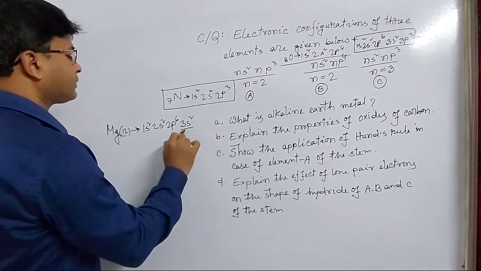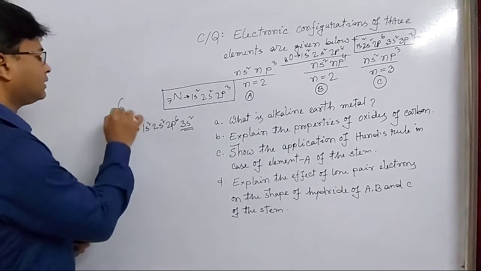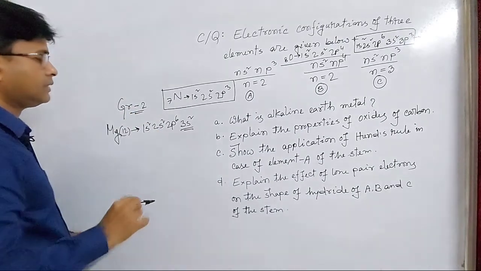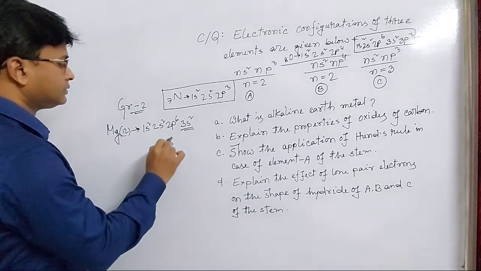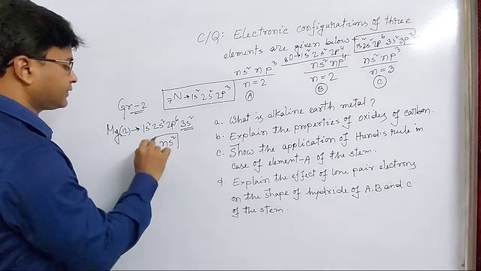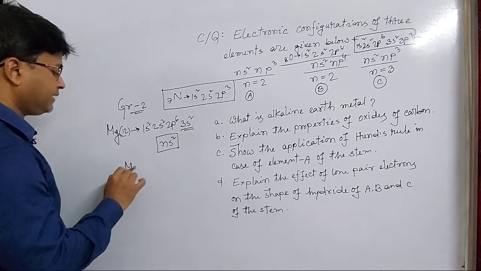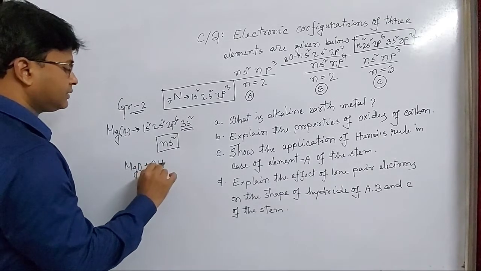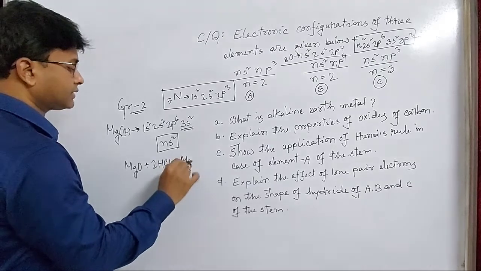Students, all the elements of group 2 contain ns2 general electronic configuration, and their oxides are basic in nature because they react with acid to produce salt and water.